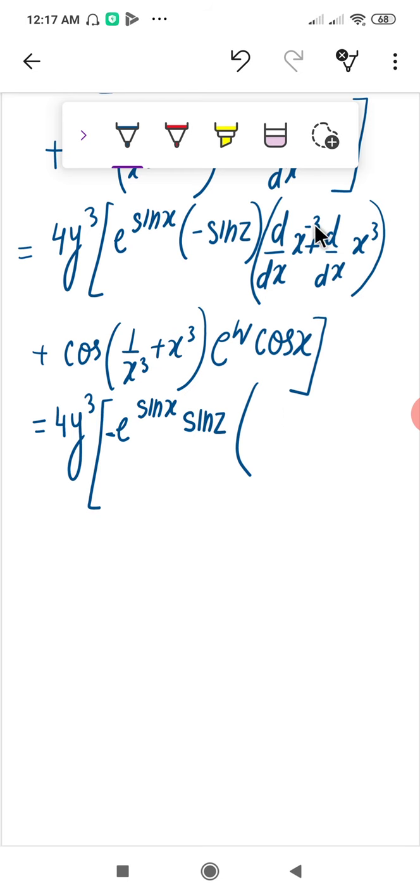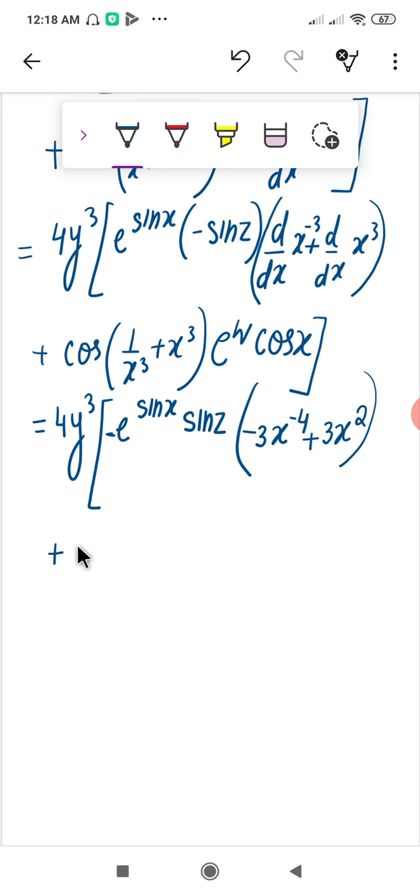X to the power n will be n x to the power n minus 1. Getting this point? And here also n x to the power n minus 1. So you will have here plus n x to the power n minus 1.